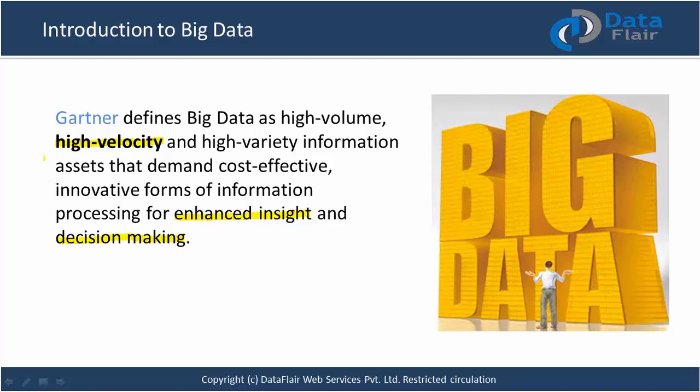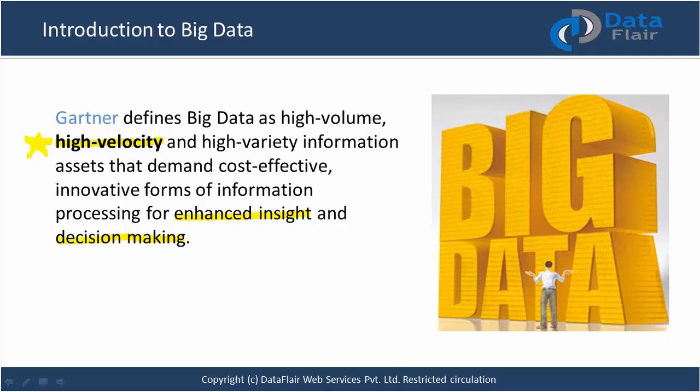Now guys, I am highlighting one V of big data here, that is high velocity. There are almost 8 to 9 V's, like volume, variety, veracity, value, volatility, and so on.